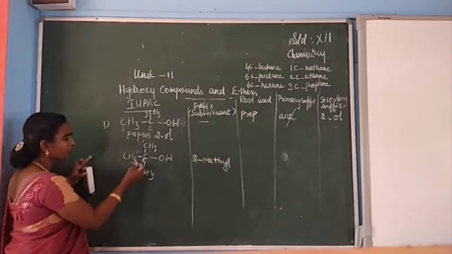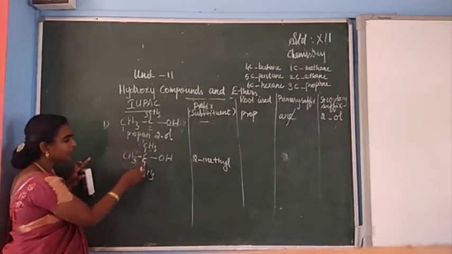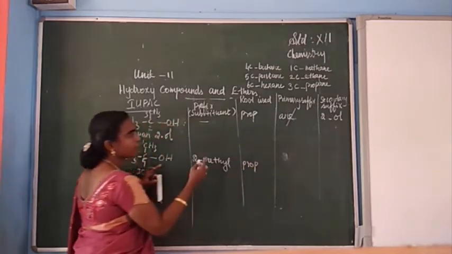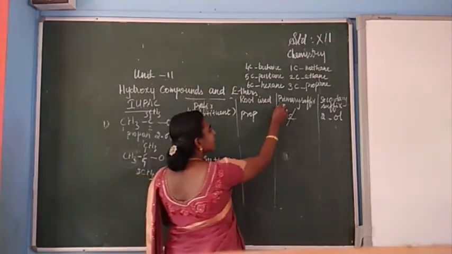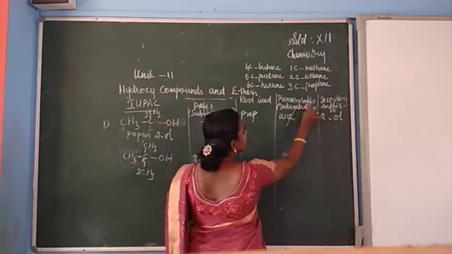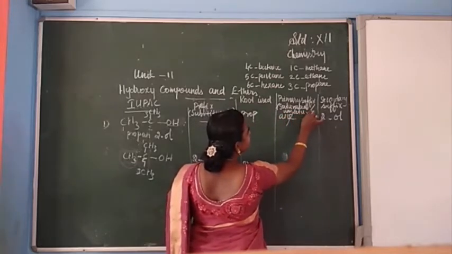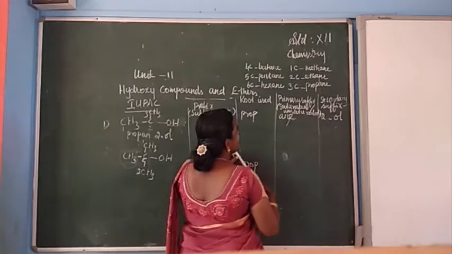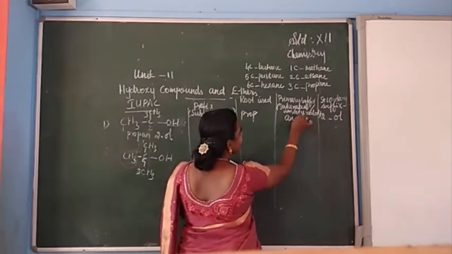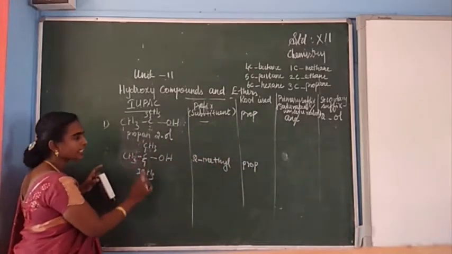Next, root word: 1, 2, 3, 3 carbons we have, that is prop. Next, primary suffix, that means saturated or unsaturated. Here the carbon bond is a single bond.